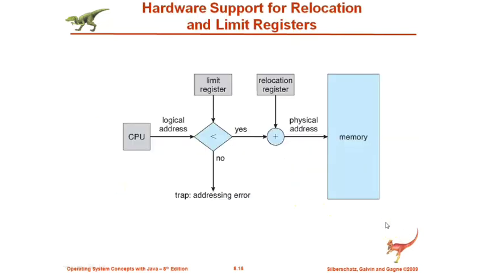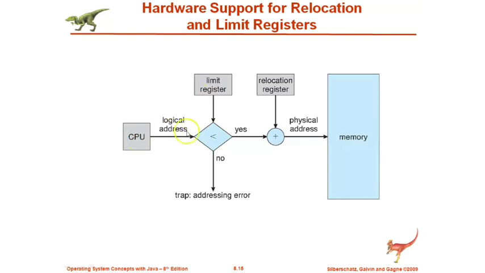Next we'll see the hardware support for these relocation and limit registers. In the previous slides we saw the use of the MMU, so let us combine that with the relocation register here. As usual, the CPU generates the logical address.